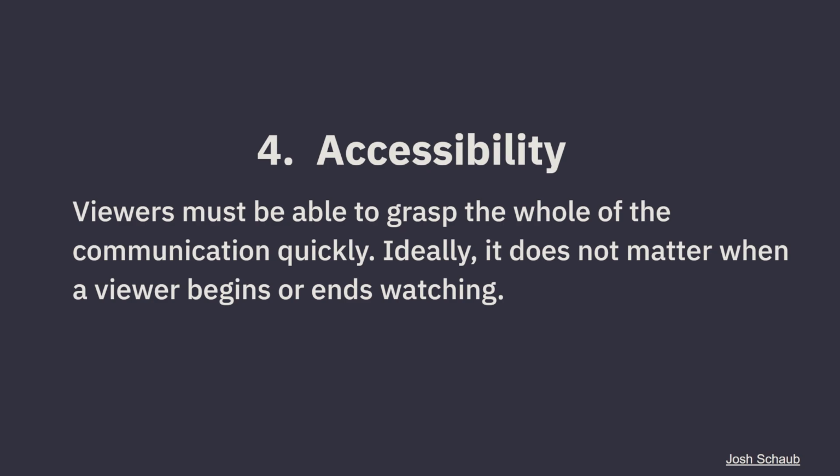Finally, there is accessibility. And this is the idea that the viewer should be able to quickly grasp the entire communication in the motion poster. Ideally, it shouldn't matter when a viewer starts or stops watching it. They should always be able to take the whole message away. For this reason, it's often discouraged to do these assembly and disassembly posters where it is built up over time with a start and an end.